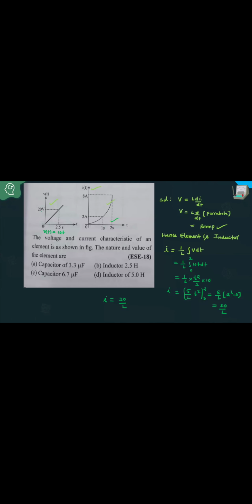It is not 2.5 seconds, it is 2 seconds. Current is changing here for 2 seconds. Please correct it. This is not 2.5. You take this as 2 seconds. Okay. Now is it correct?